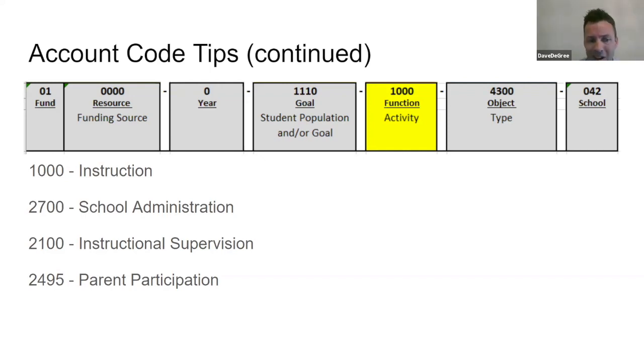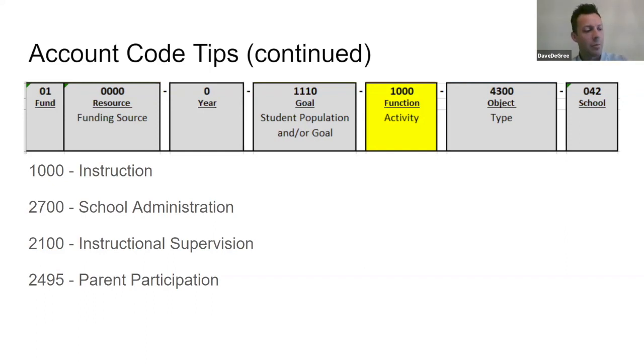Function 2100 is not as common as the other two above, but that's something we use for like a TOSA. They're not really working in the classroom with the kids directly, but they may be assisting in other ways, helping teachers instruct, maybe curriculum development, something like that. We would use function 2100. Another function code that we can use is function 2495, parent participation.